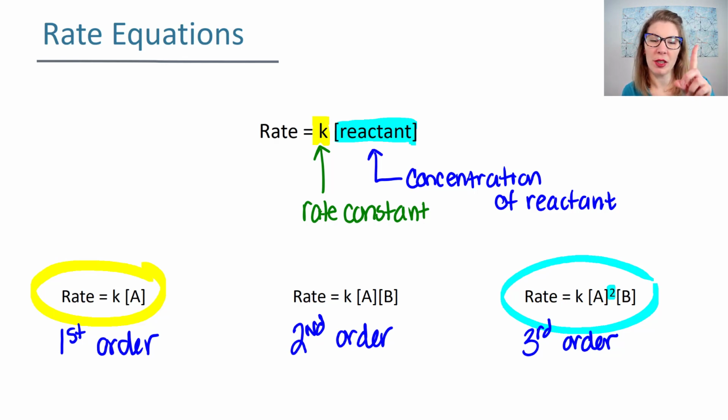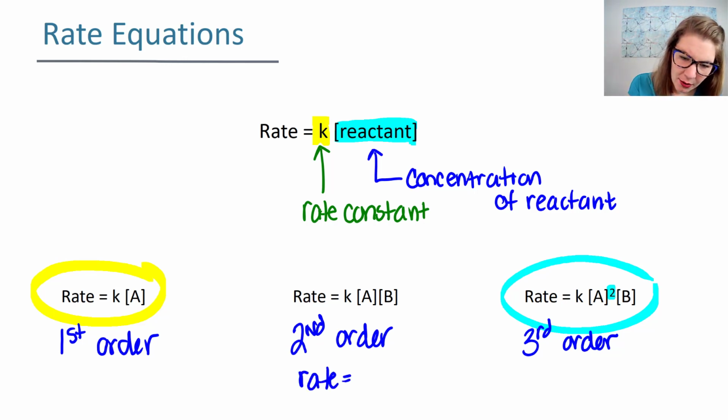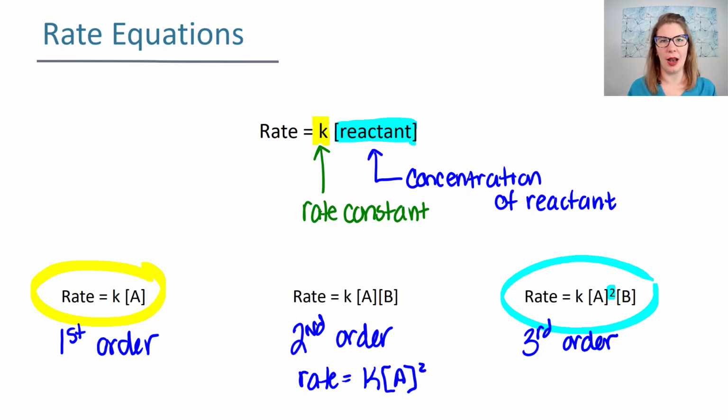So first order, there's one species. Second order, there's two species, or technically, I'll just show it to you. You could also have something like this, right, where you have A squared. And then the third order, you have A twice and then B all involved in the rate equation, right? So you get third order.